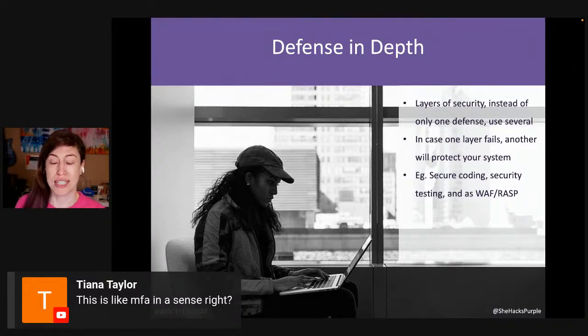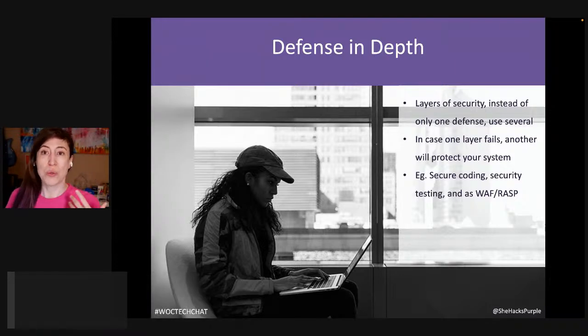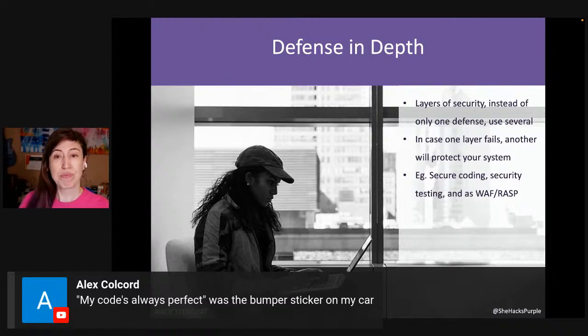Often I will talk to software developers and say, okay, we're doing input validation to make sure we're receiving input that is what we're expecting, and we're not accepting anything else.